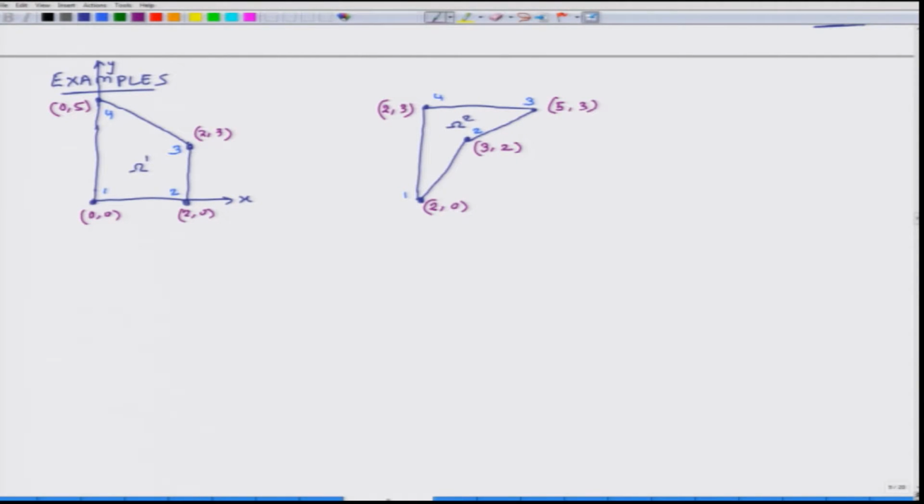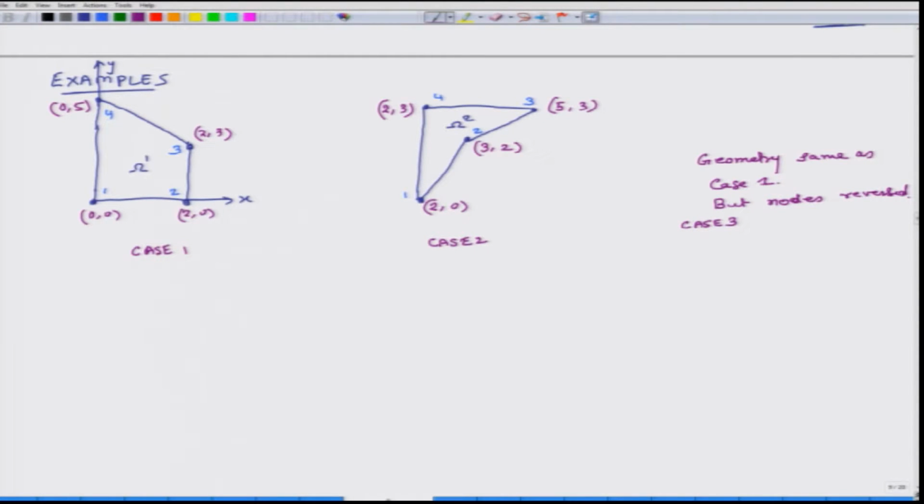The third case, so this is omega 2, so this is case 1, this is case 2, and then we will also have case 3. And what is case 3? Geometry same as case 1, but nodes reversed.